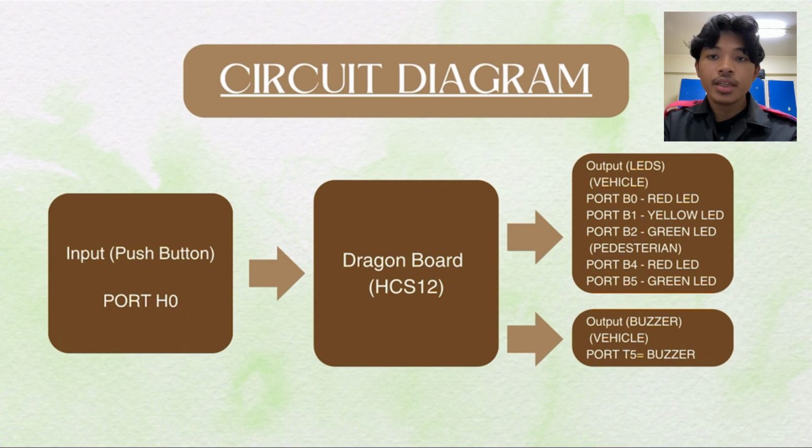In addition to the LEDs, the system also includes a buzzer to assist pedestrians. The buzzer is connected to port T5 and activates when the pedestrian signal is green. These setups ensure clear signals for both pedestrians and vehicles, making the crossing process safe and efficient.